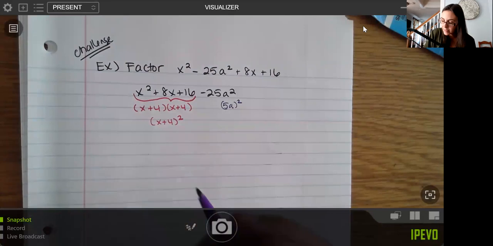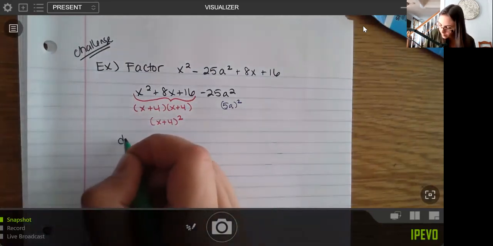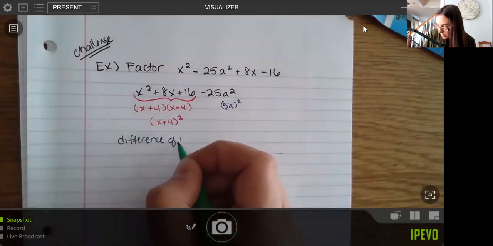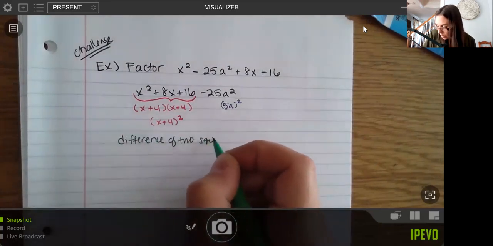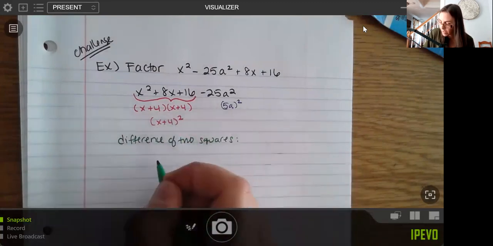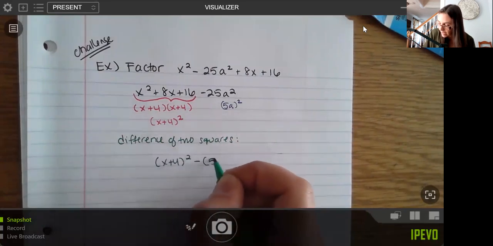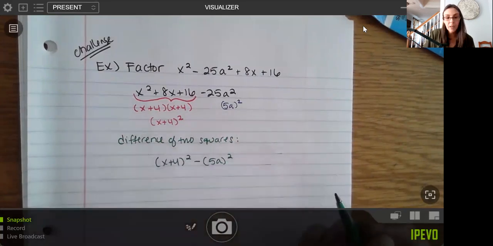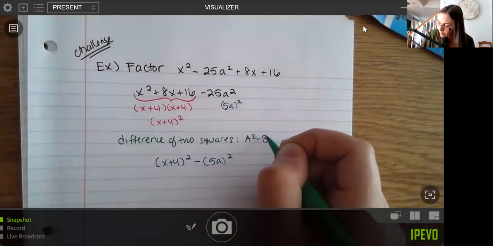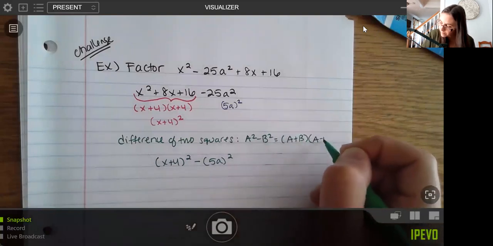So this problem ends up being the difference of two squares. I have a square here and a square here. So I have x plus 4 squared minus 5a squared. Remember, for that formula, when you have a squared minus b squared, you're going to do a plus b and a minus b.